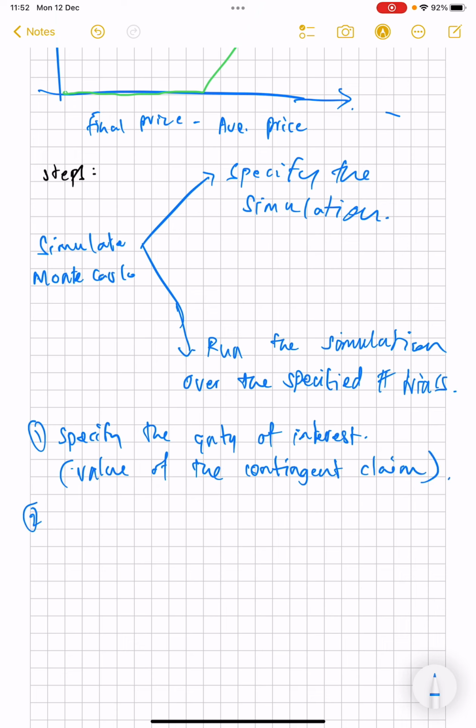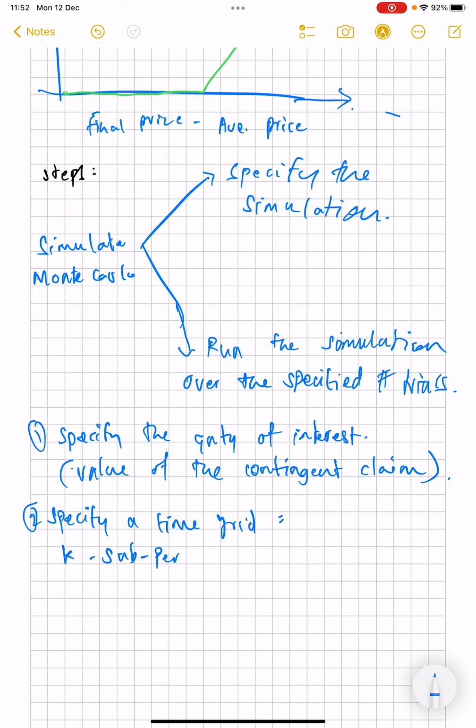Second, you want to specify a time grid: K subperiods with delta t increments for the full time horizon.